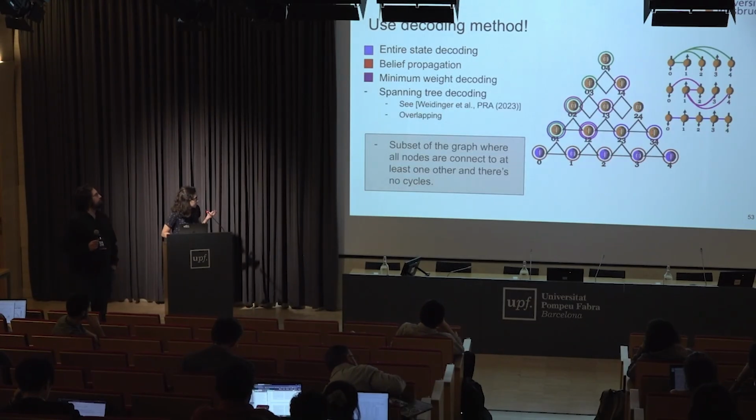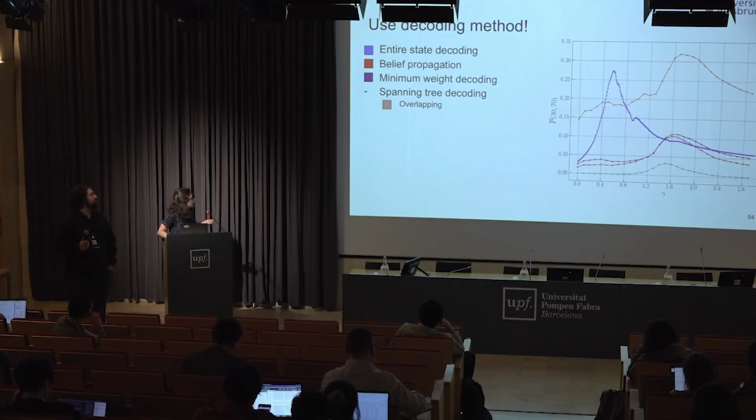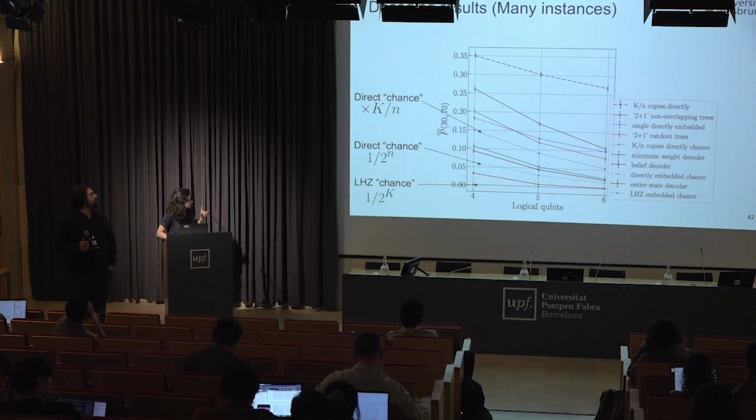The spanning tree decoding is also an interesting question, because in principle, if you fix the number of spanning trees, that's just a fixed scaling. But obviously, as you can see in the final results, the scaling gets worse with increasing size.